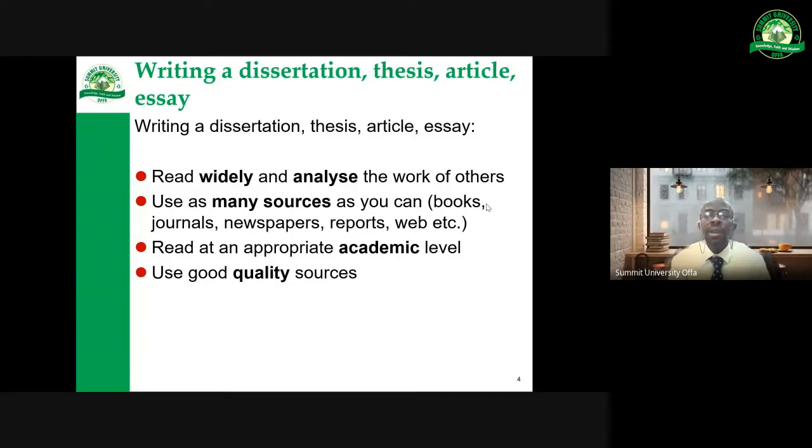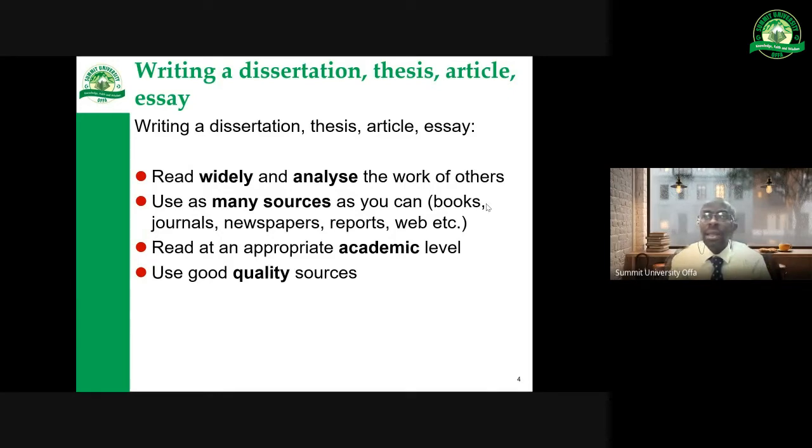And then we were told, on day 2 or during the second session, that we need to use as many sources as we can, which includes the use of textbooks, journal papers, newspaper articles, reports, the web, and so on. And even yesterday, we were told that we need to read at an appropriate academic level that is commensurate with the study we are doing.